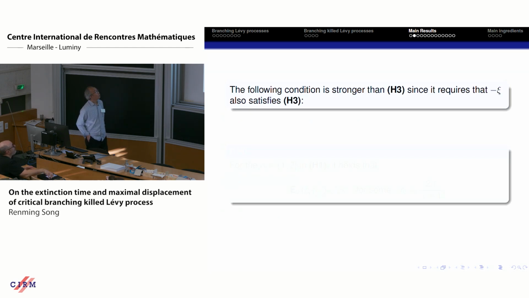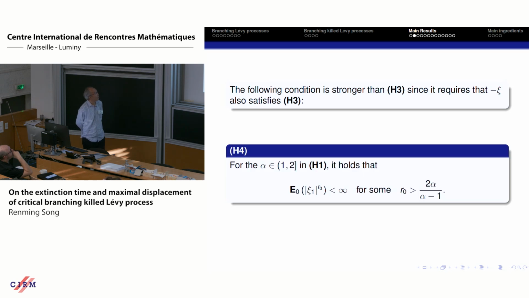Okay, so we're going to assume a slightly stronger condition than H3. Remember, H3 was a moment condition on the positive part of the Levy process. We're also going to have the same condition on the dual of that. So in some results, we're going to replace H3 by H4.